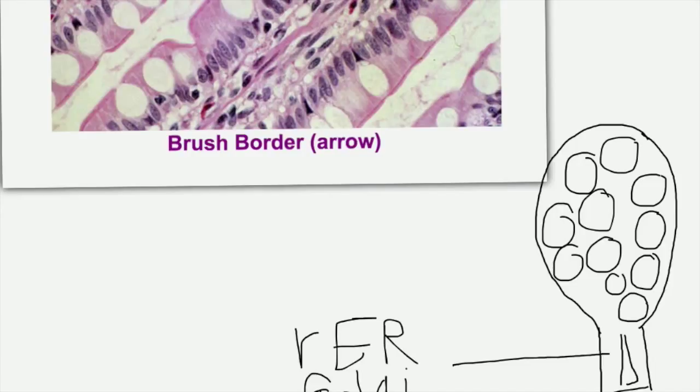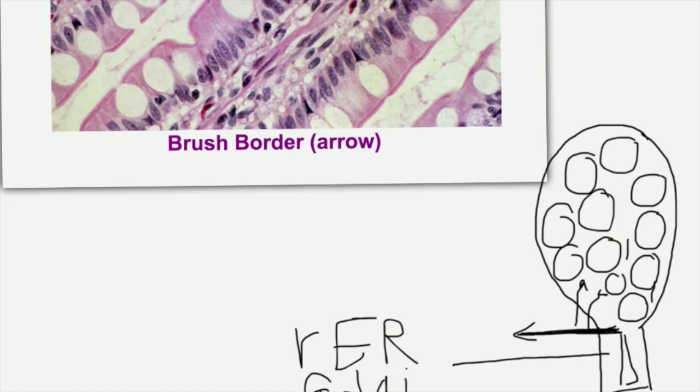And the Golgi here is supranuclear in position, because from this Golgi, the secretions, which are the mucus, are delivered to the upper expanded part of the cell.